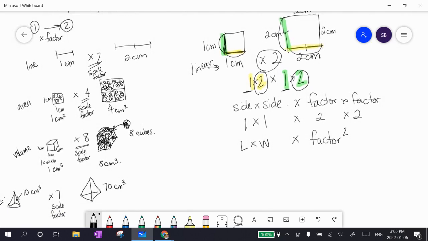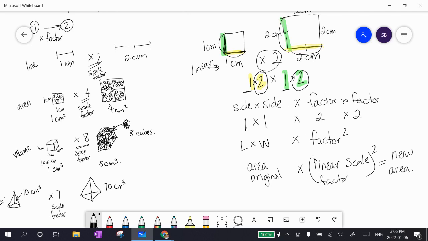This means that the area of the original times the linear scale factor squared will give me the new area. 1 times 1 is here.